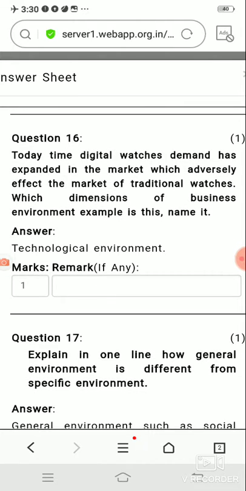Next is: nowadays the demand for digital watches has expanded in the market, which adversely affects the market of traditional watches. Which dimension of business environment is this example of? Name it. We are talking about business environment dimensions: economic, social, technological, political or legal. This is related with digital watches.